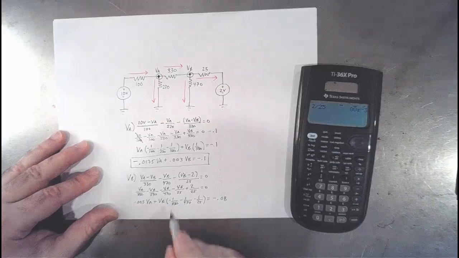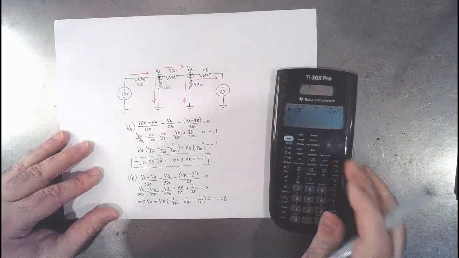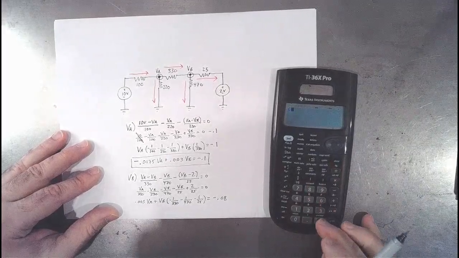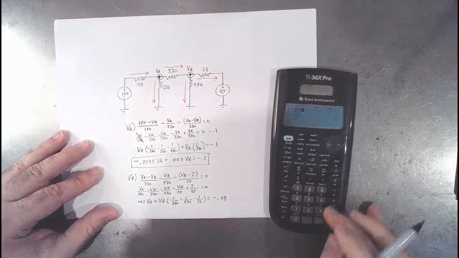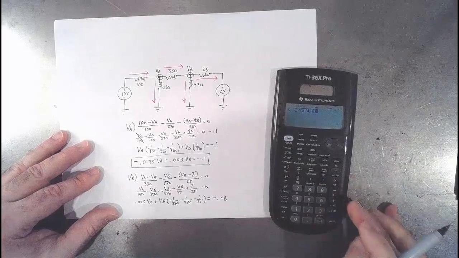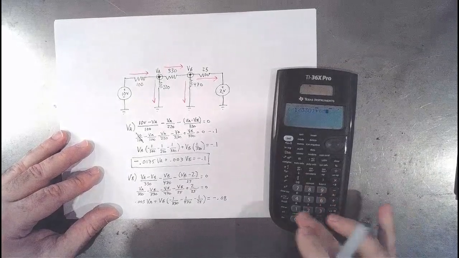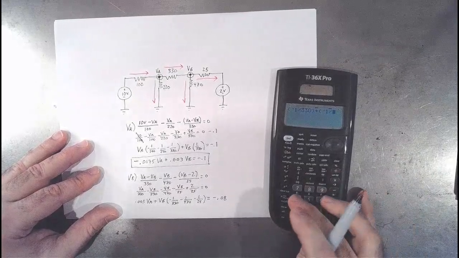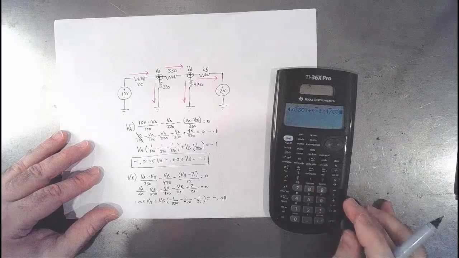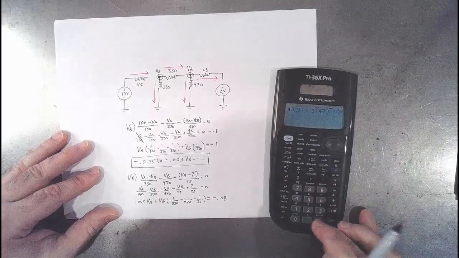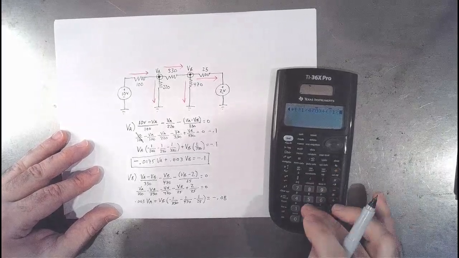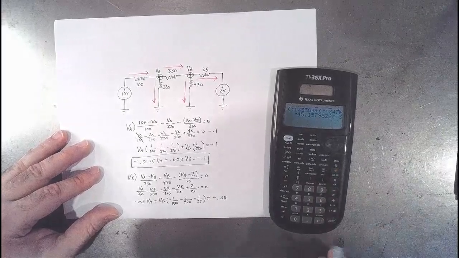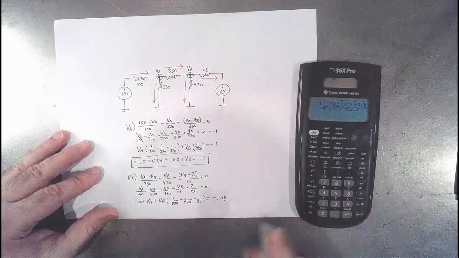So let me figure out the sum of all these things in parentheses for just a moment. So minus 1 divided by 330 plus minus 1 divided by 470 plus minus 1 divided by 25 is minus 0.0451.